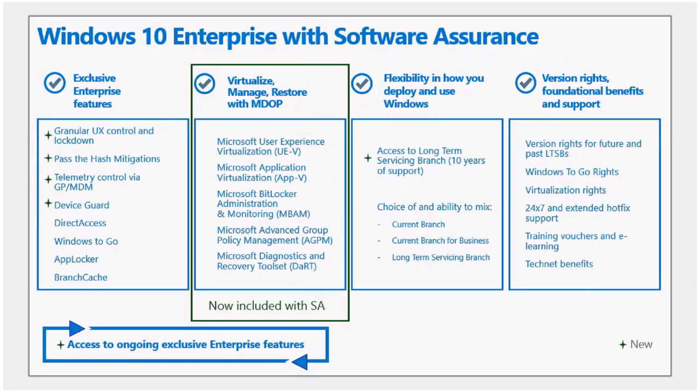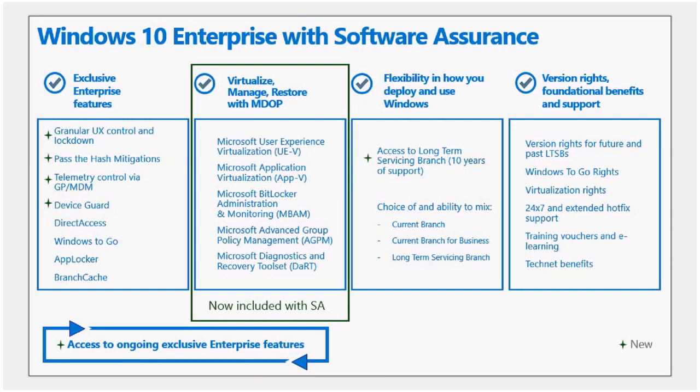Windows 10 Enterprise continues to have exclusive enterprise features. You'll see here some of the features delivered in Windows 8.1 as well as new features coming within Windows 10. Microsoft has made a lot of innovation and a lot of investment in enterprise capabilities, primarily focused on security and IT management options. Things like granular UX control and lockdown, which provides IT administrators the ability to control the user experience.